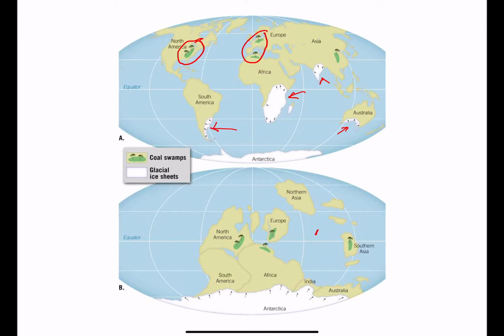This is what Pangaea looked like, and these regions were near the south pole of the earth, so they were covered in ice at that time. And these regions, North America, parts of the Middle East and Europe, at that time happened to be near the equator, and so they had lush forests. Interestingly, what happened to these forests? These forests eventually went underground and turned into coal.